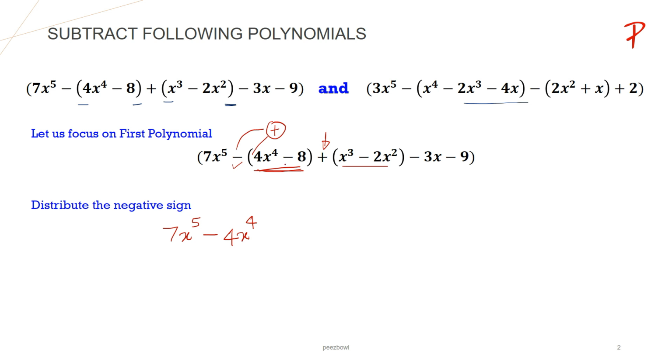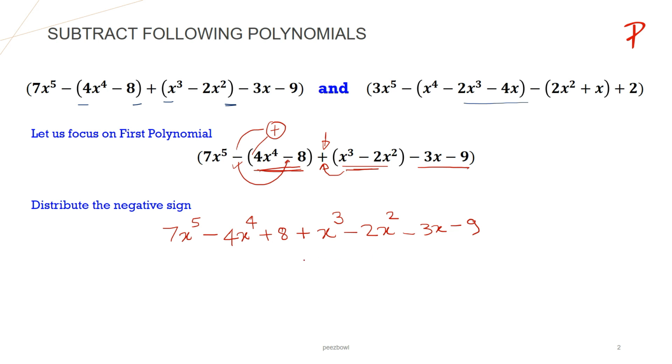Here we have a minus sign, and when minus is multiplied by minus we get a plus. Plus 8. For this bracket I am not going to do anything because there is a plus sign before the bracket, right? So I will write these terms within this bracket as they are. x cube minus 2x to the power 2 and then the remaining terms, minus 3x minus 9.